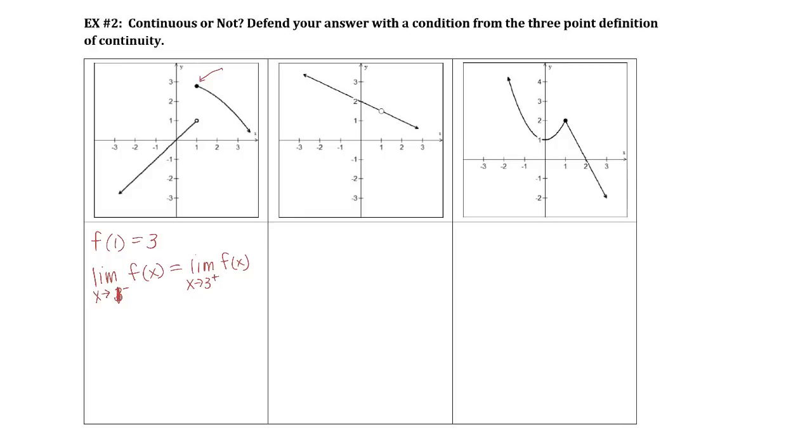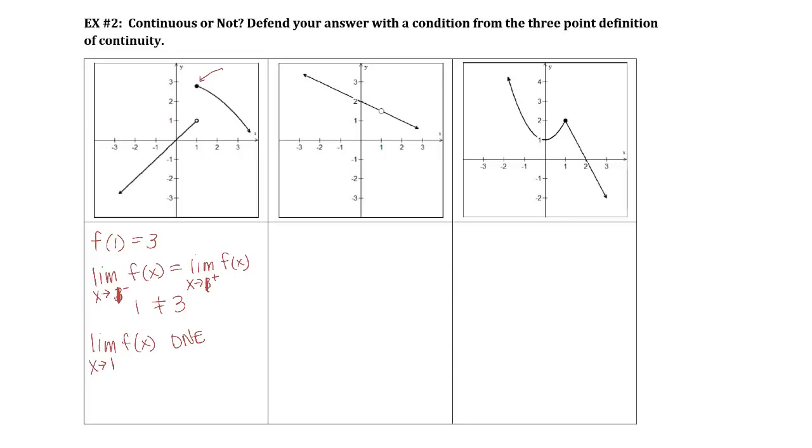As I approach 1 from the left side, it looks like we're going to get 1. And that's definitely not equal to 3, so our limit does not exist. So here we would have that the limit as x approaches 1 of our function does not exist.